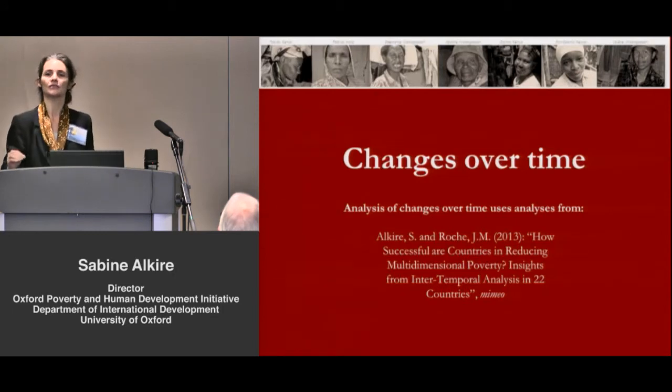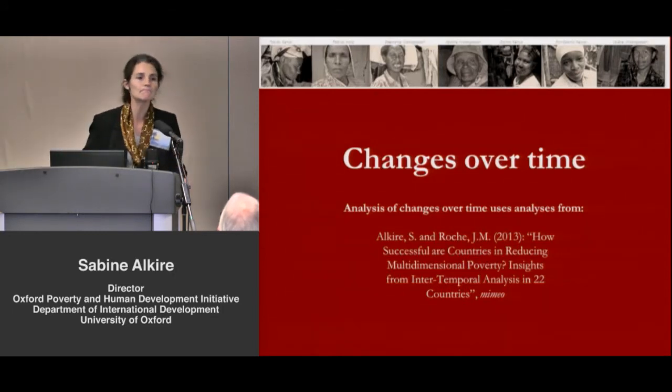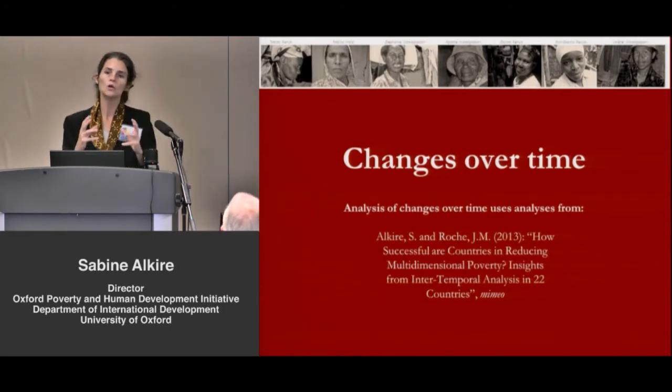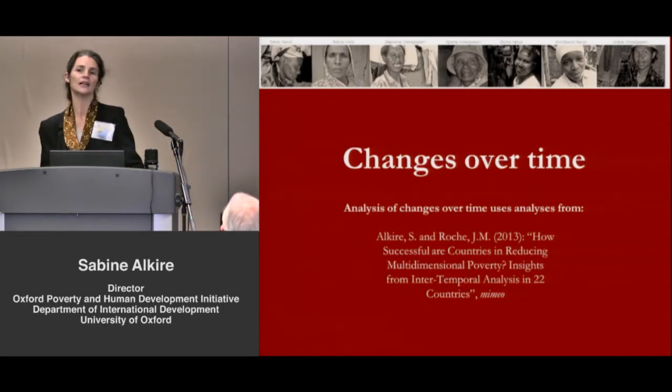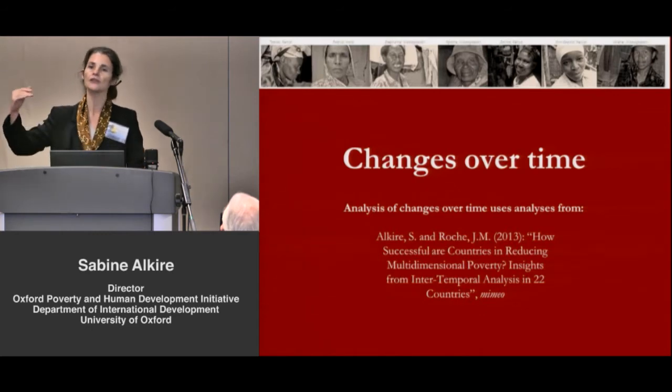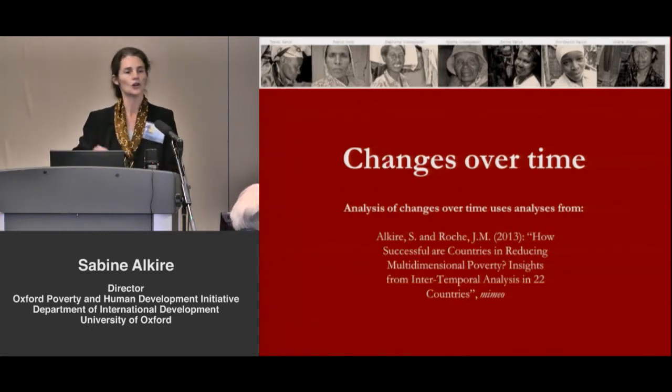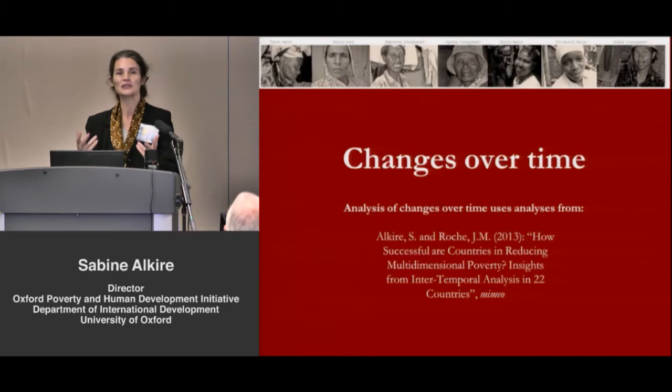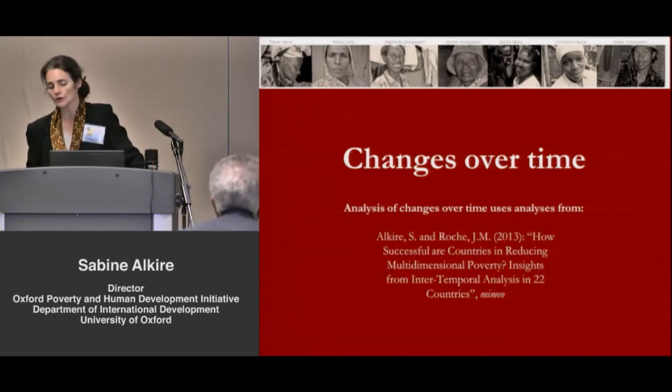But our focal question is, how did multidimensional poverty change over time? And how could the numbers that simply describe that change then be linked with other kinds of poverty analysis, whether these are monitoring, whether these are evaluation, whether these are growth?